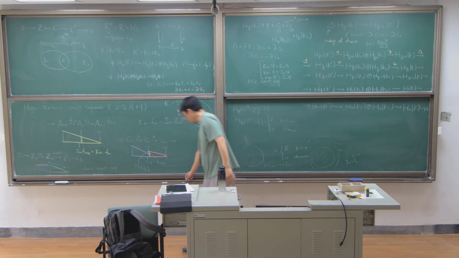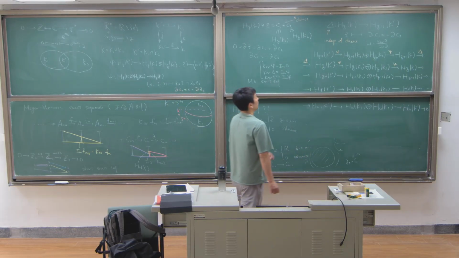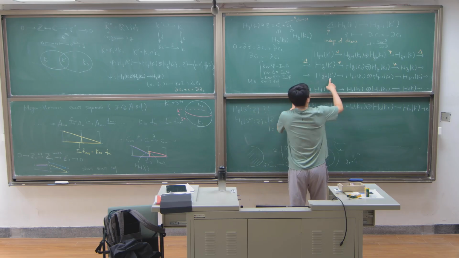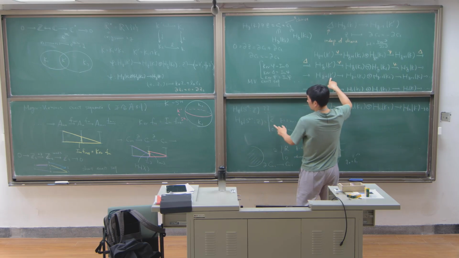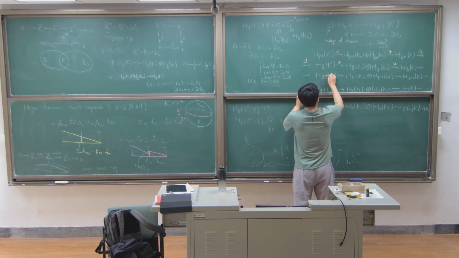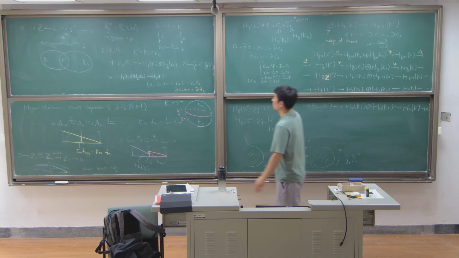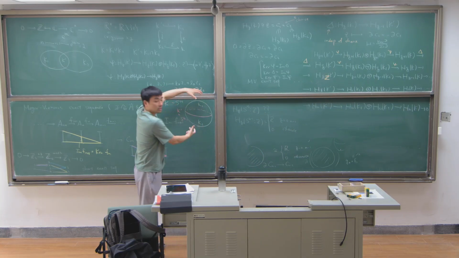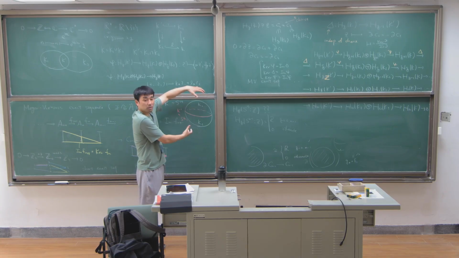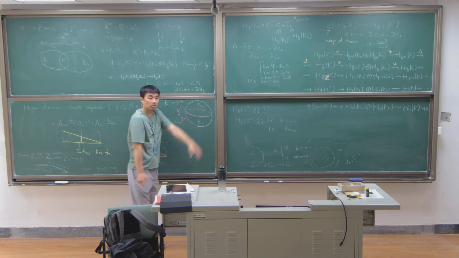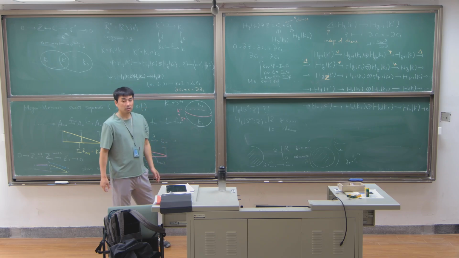In this case, we know this one is the sphere, and by induction, this is Z. But what are the homology groups of K1 and K2?